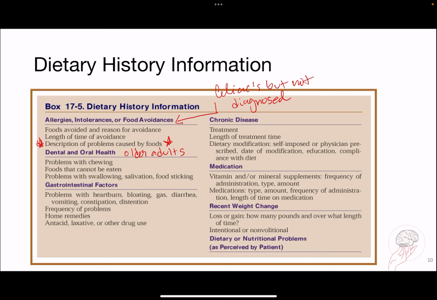Also, gastrointestinal factors. So do they often get heartburn, bloating, gas? Are they taking home remedies? Are they taking a lot of antacids or laxatives? Kind of obvious, but chronic disease. If someone is receiving chemotherapy for cancer treatment, they often have a decreased appetite.